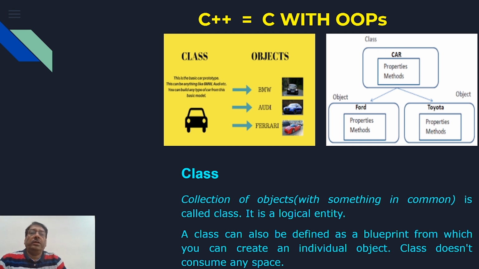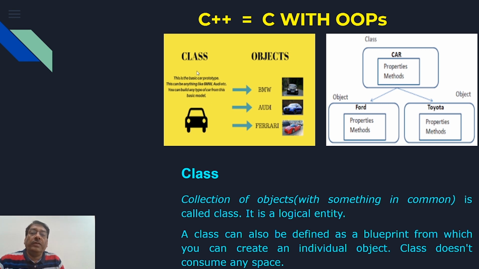You can see over here a class is a group of objects, and here car can be called a class. But when you talk about a BMW car, you can call it an object. Audi car, it is an object. Ferrari car, it is an object. But if I just say car or four-wheeler, I call it a class.